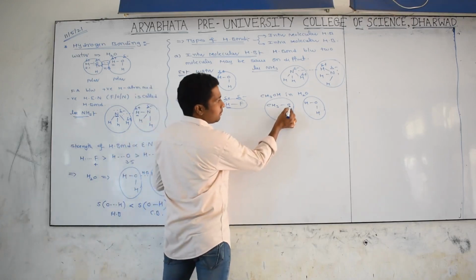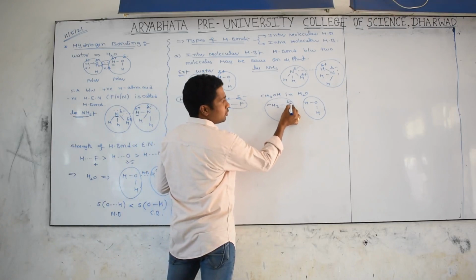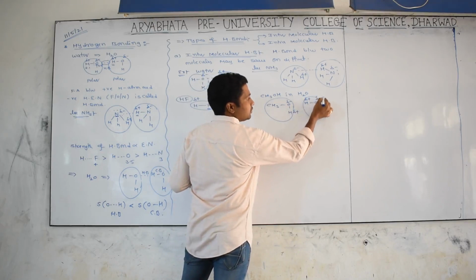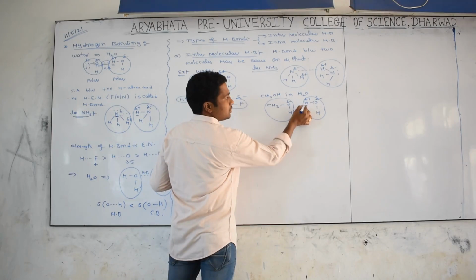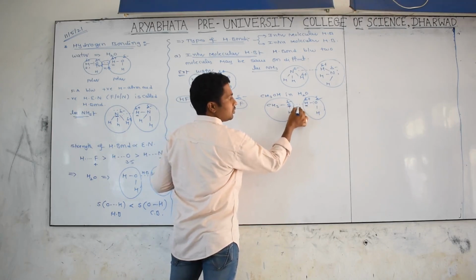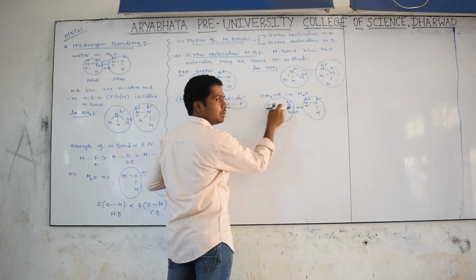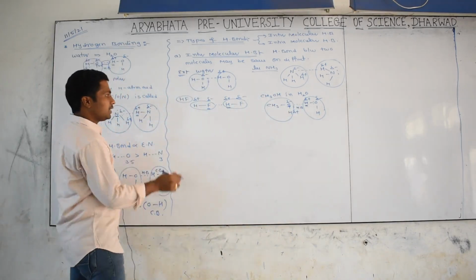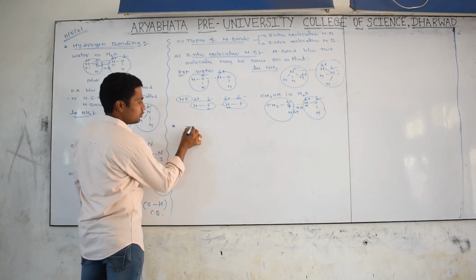Now what happens between oxygen and hydrogen: unequal sharing, the sharing towards oxygen will be more, giving negative charge on oxygen and positive charge on hydrogen, because the shared pair is very near to the oxygen. The positively charged hydrogen atom of one molecule having attraction with the negatively charged oxygen atom is called hydrogen bonding. That hydrogen bonding is in between two molecules, which may be same or different, called intermolecular hydrogen bonding. Are you clear? Just I will tell you some other example for this one, nothing but meta-nitrophenol.